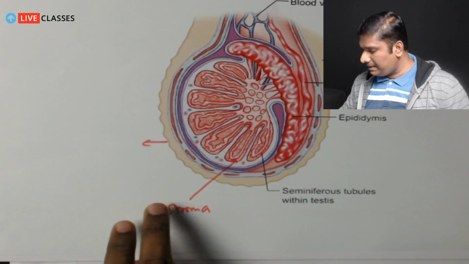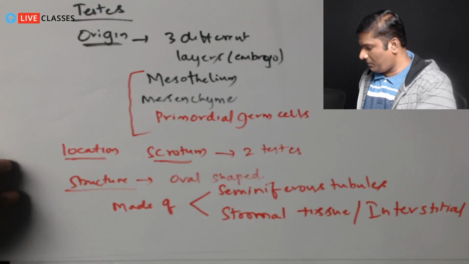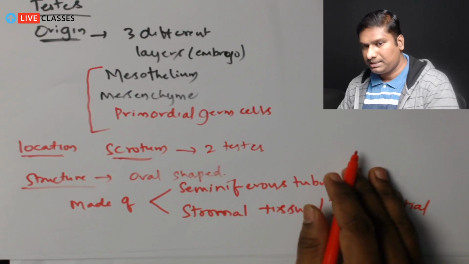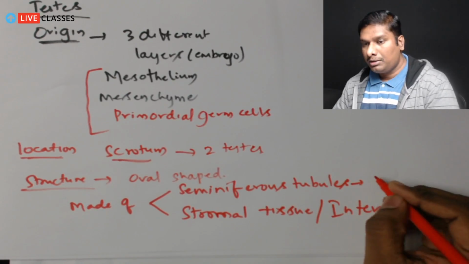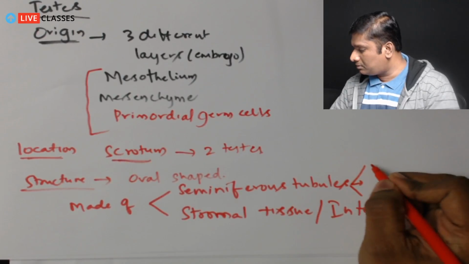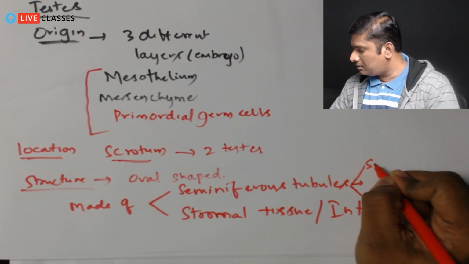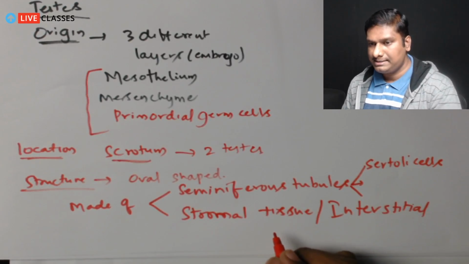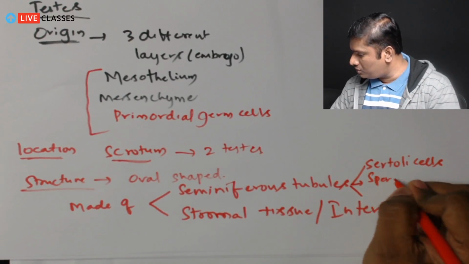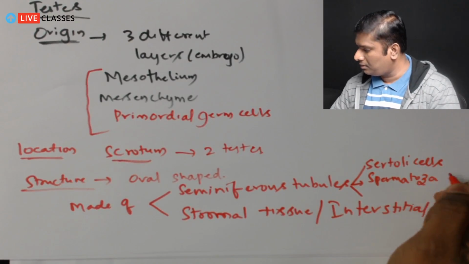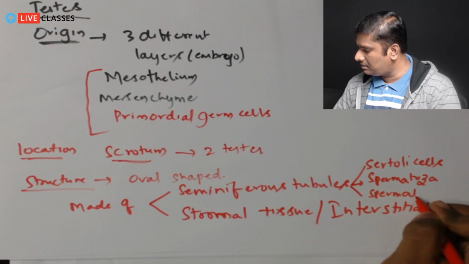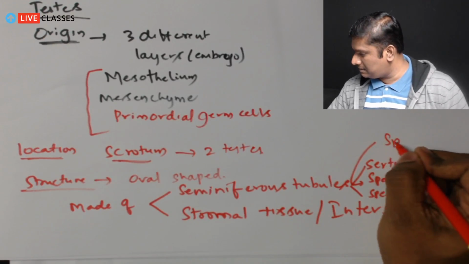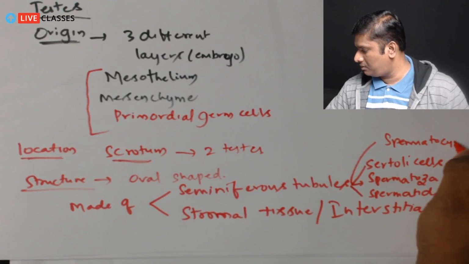Now inside the seminiferous tubules you will find Sertoli cells, spermatozoa, spermatids, and spermatocytes.